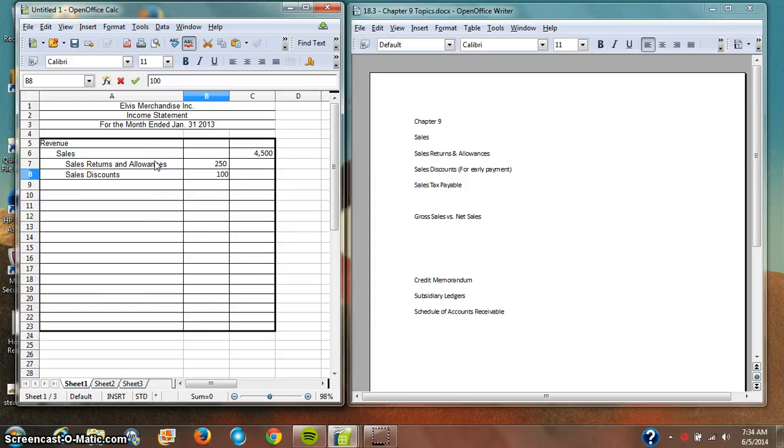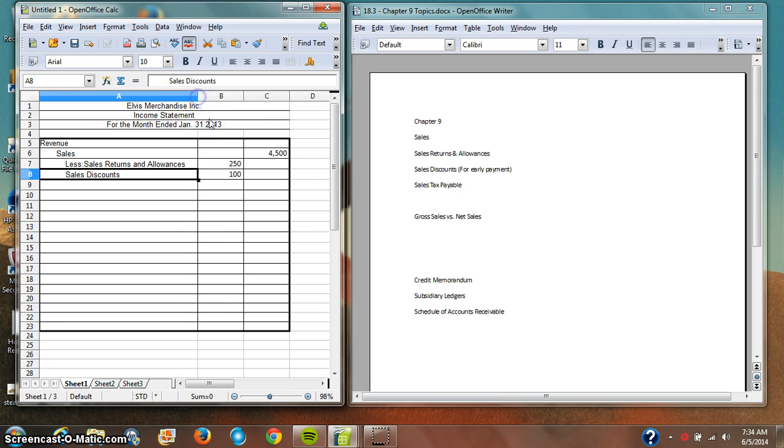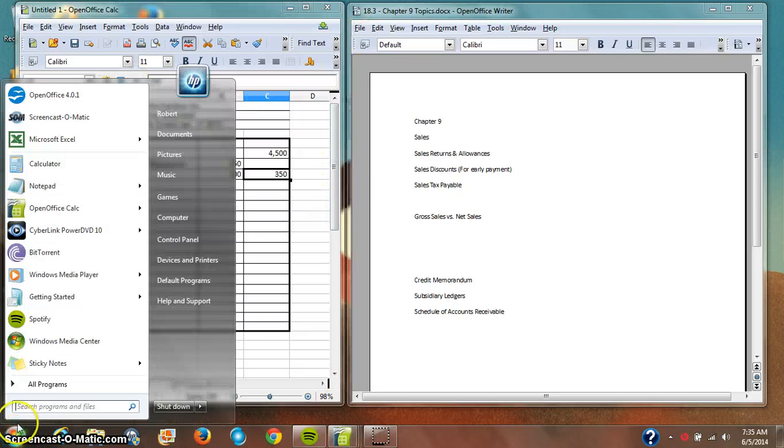But maybe there's $100 in sales discounts, and so this here is going to be sales less these things. And then over here, I'm going to total up these things. I've got 350 in sales returns and allowances and sales discounts total, and then I can subtract these two.